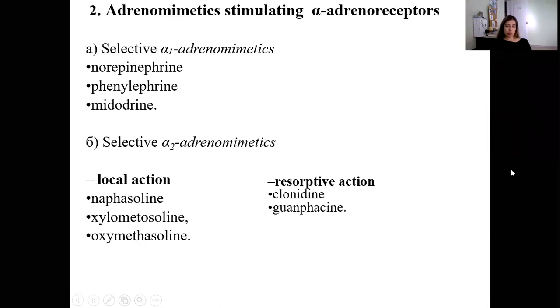But also we have more selective drugs. For example, stimulating only alpha adrenergic receptors. They are norepinephrine, phenylephrine, midodrine. Also we have drugs of alpha-1, yes? Also we have drugs affecting only alpha-2 adrenergic receptors, alpha-2 adrenomimetics.